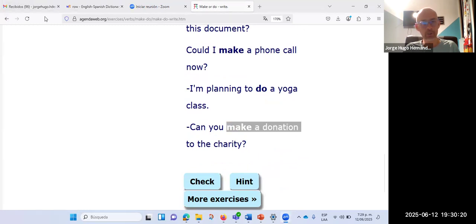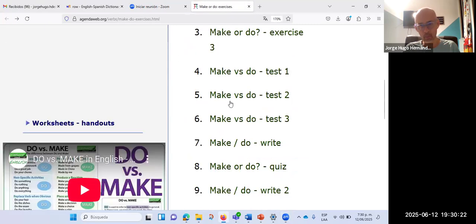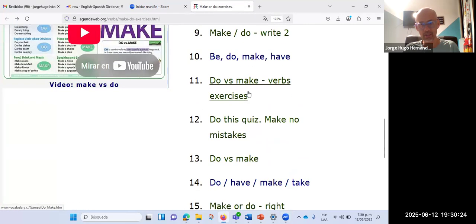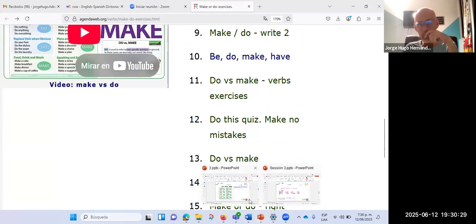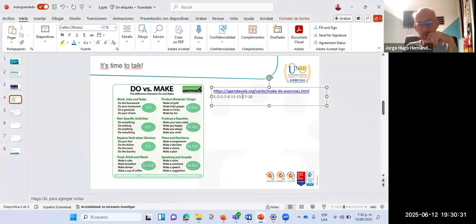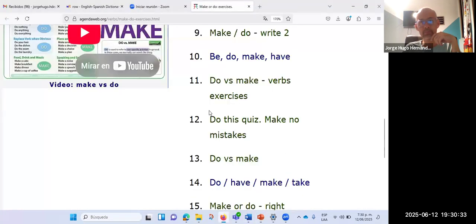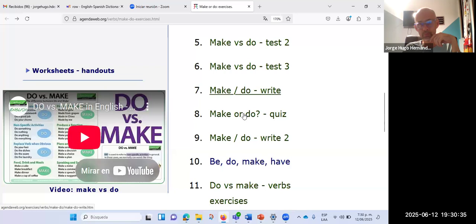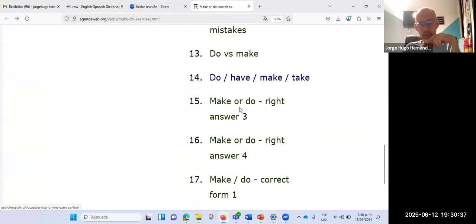Now we're going to continue with another exercise, but with sentences, okay? Let me see here. This one.